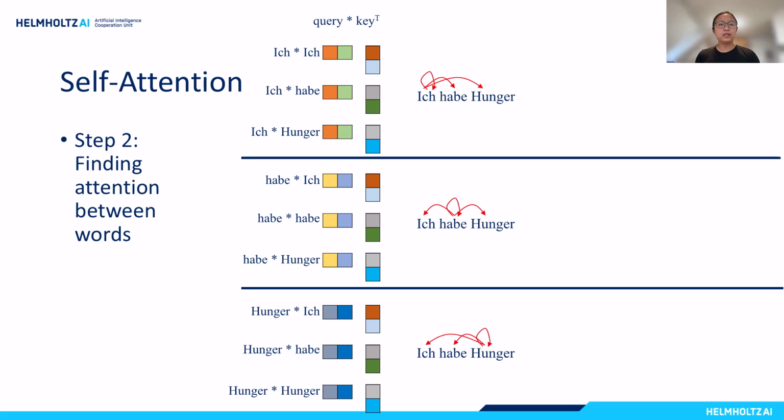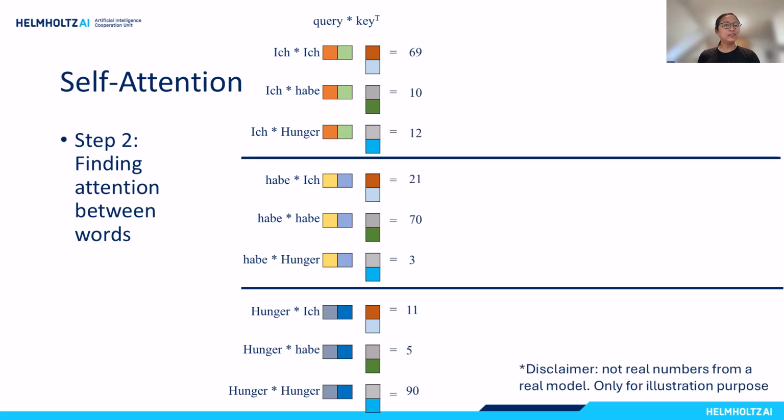We can see this similarity as the connection between the two words. Then, since the length of the vector can affect the dot product value, the results are normalized with the square root of the query or key vector length, in this case 2.